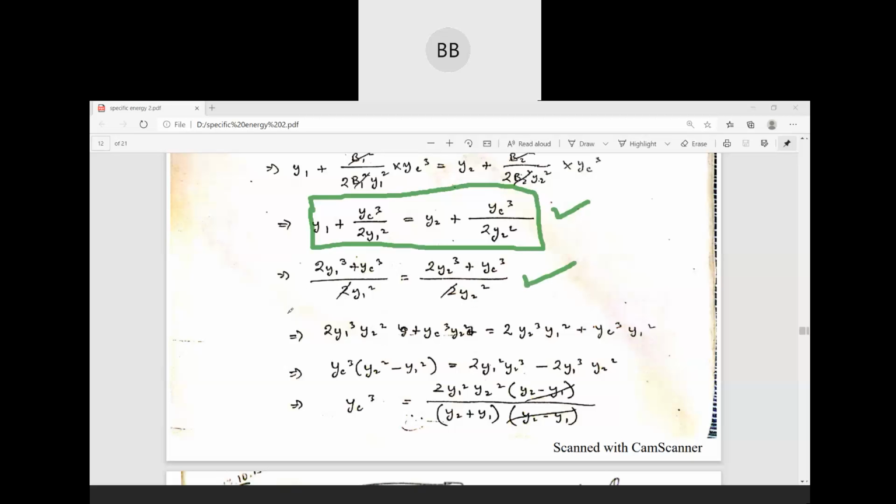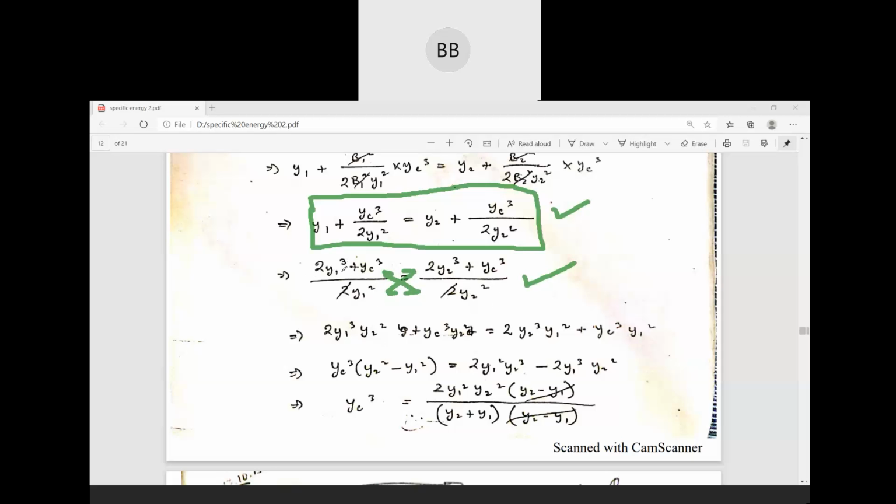Then you cross multiply, and see what you are getting. Here 2 and 2 will cancel out.